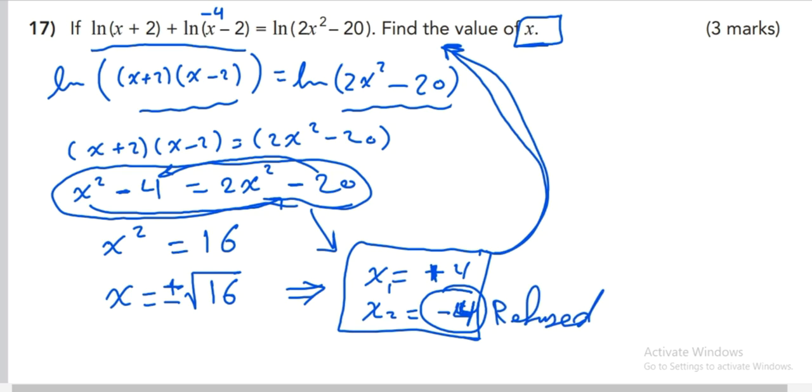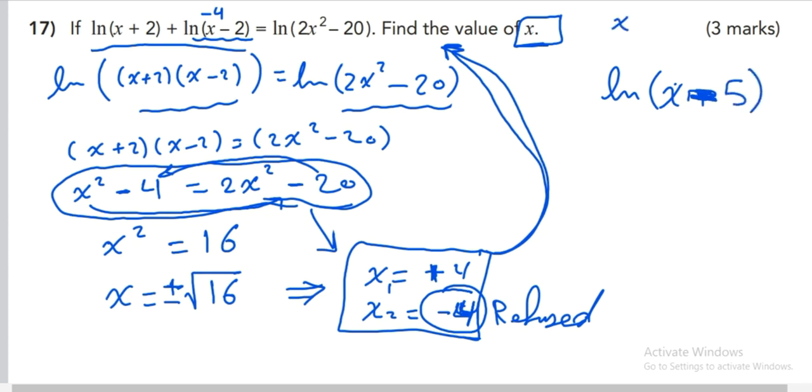So we refuse the value of x, not because it is a negative value of x. No, the value of x, whether it's positive or negative, but this value makes the expression inside the ln negative. Because sometimes we will get an expression like this: x equal ln of x minus 5, like this.